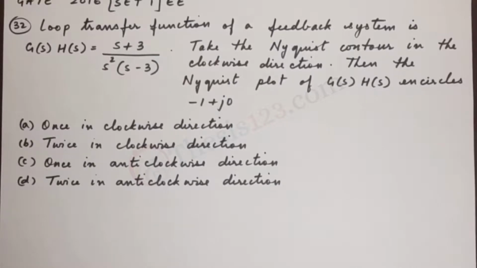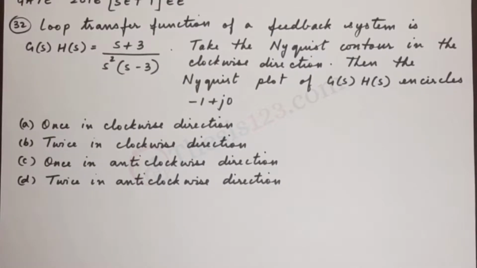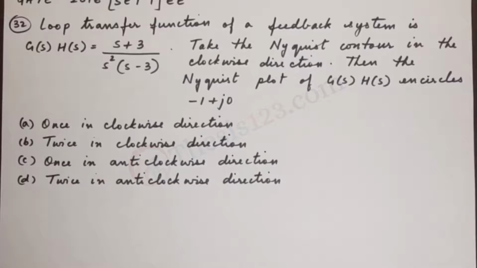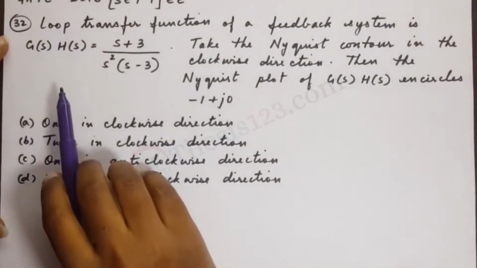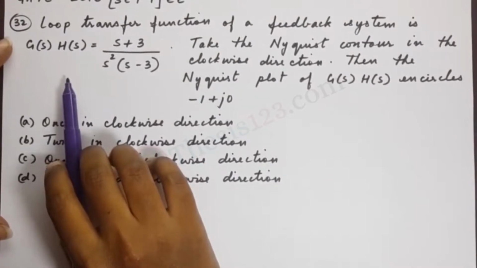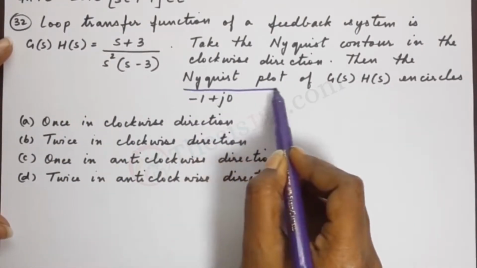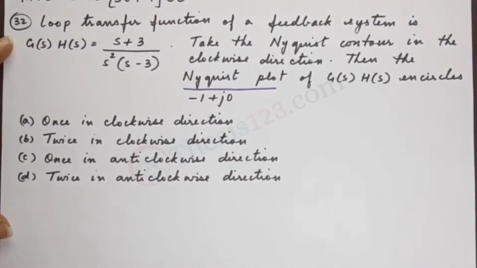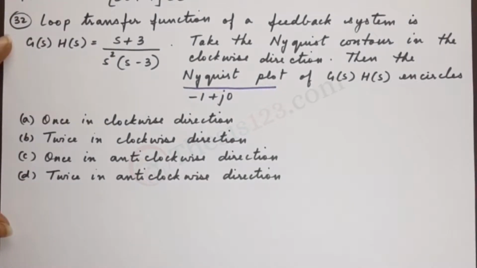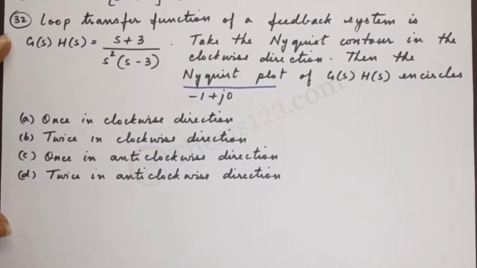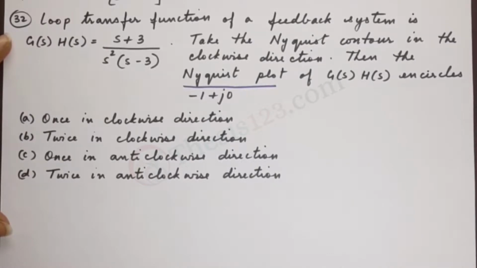So this is going to take a while because we have to go through how to plot a Nyquist plot. We have been given a transfer function, and we need to find out the Nyquist plot. Before we go into the actual calculation, let's go over a few basic aspects.